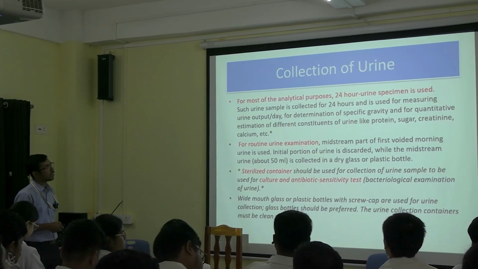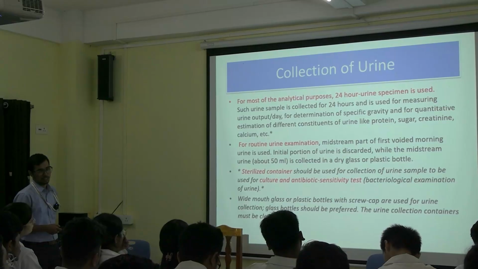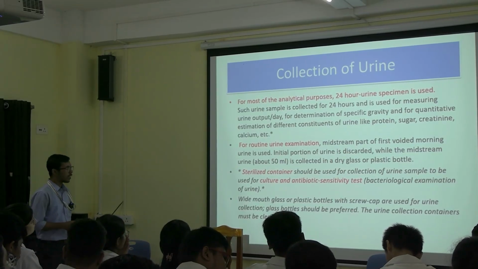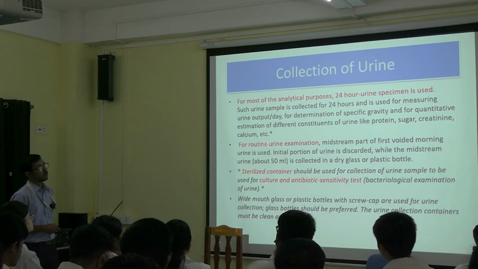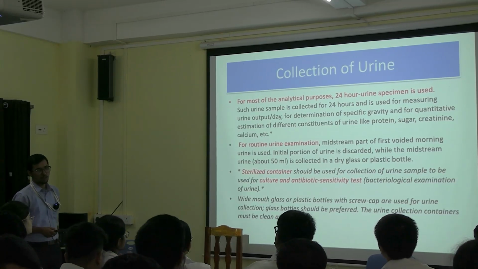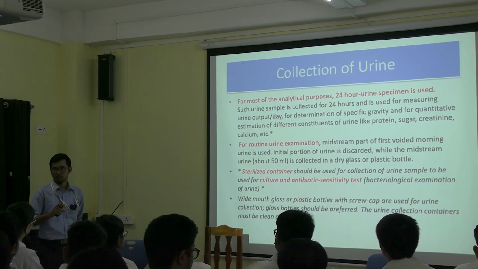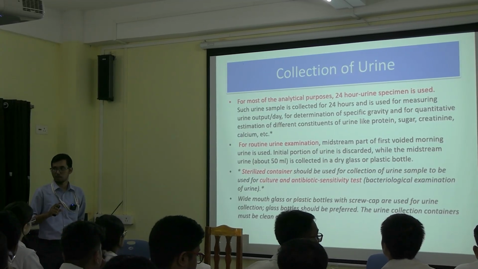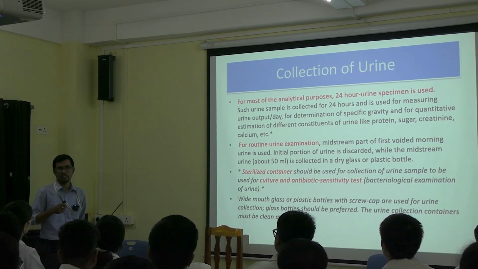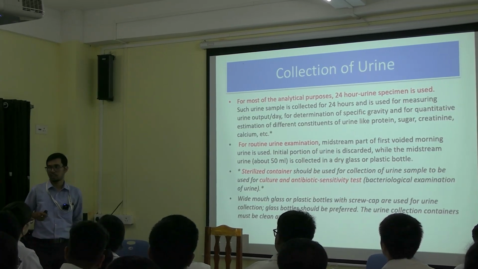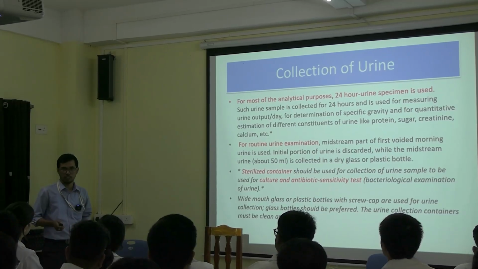For routine urine examination, there is another type of collection, that is random collection. There is a fixed procedure for this collection. After waking up in the morning, we collect the first sample. Why do we collect it? Because it is concentrated, and throughout the night, if there are any bacteria present in your urinary tract, they get time to proliferate.